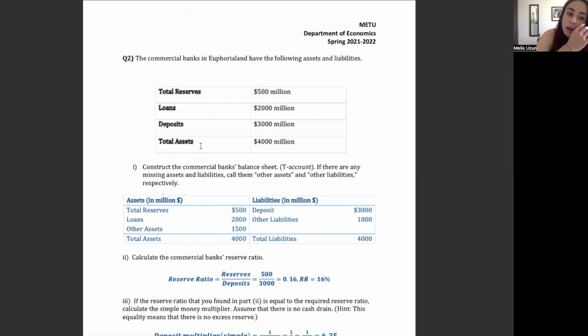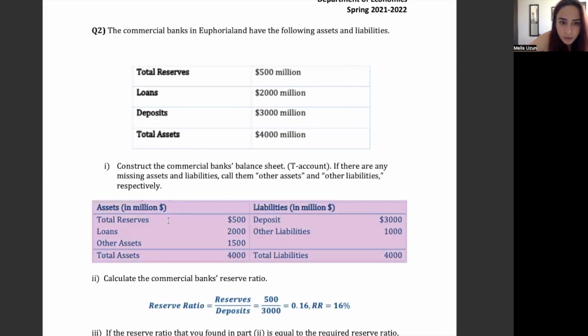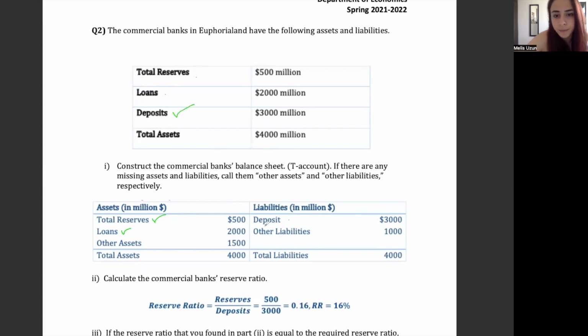So for assets, we have total reserves and loans, we know these. And for liabilities, we have deposits. Liabilities and assets should be equal to each other.